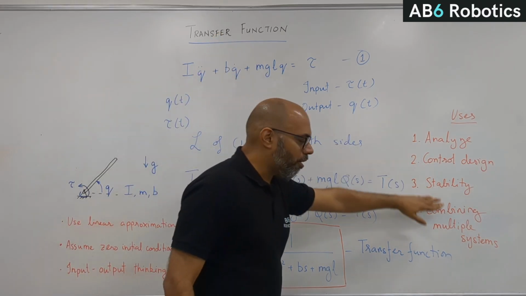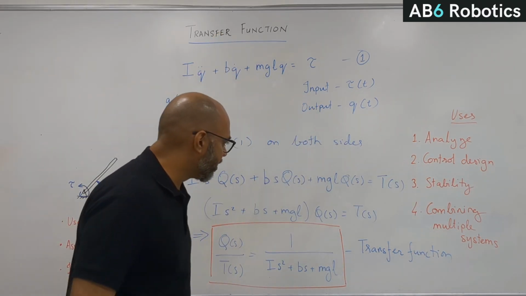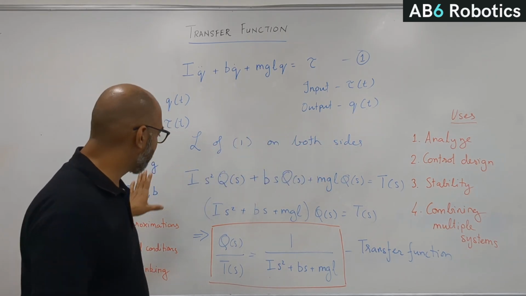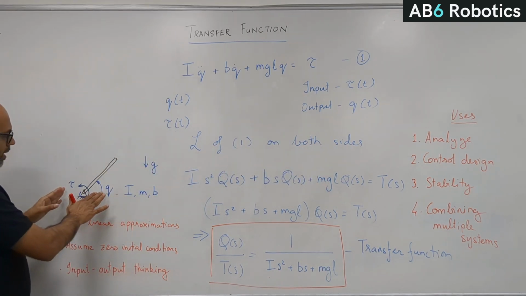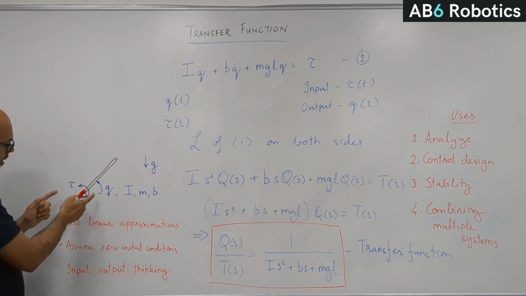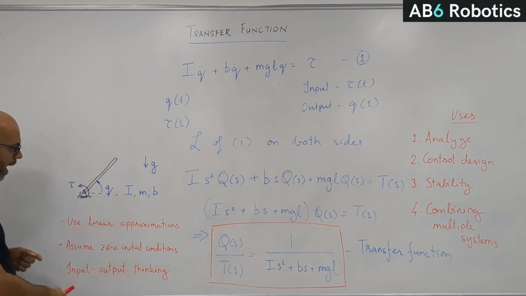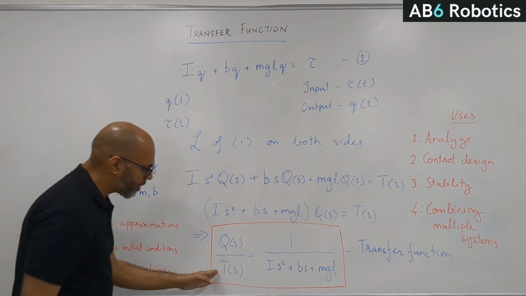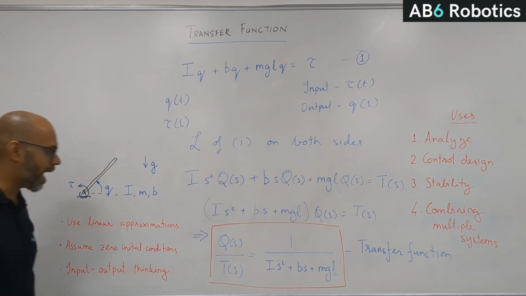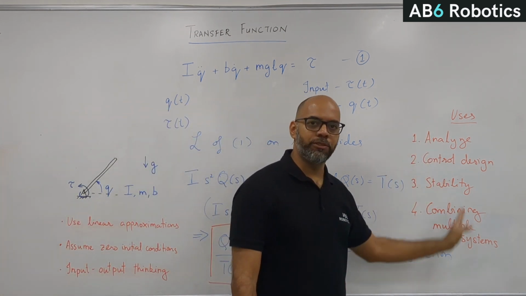All of these are again things you can read about. You don't need them right now, but at this moment what is important is to understand what a transfer function is, and then in the context of our robotics, the relationship between torque and the joint angle but represented in the Laplace domain. And this only works under these assumptions, and it is extremely useful for these four.